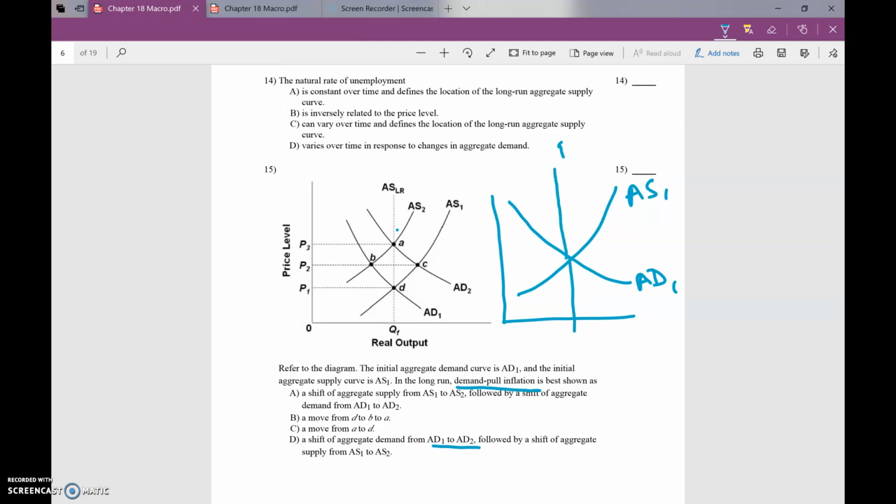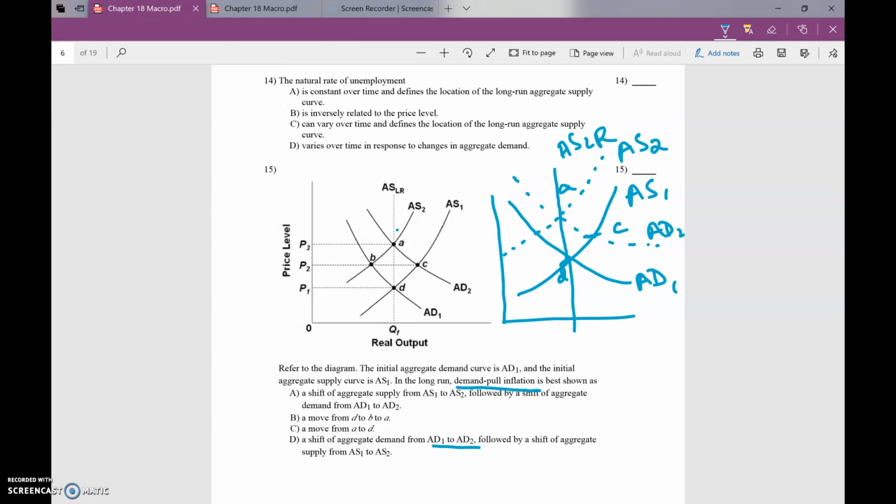This is the long run aggregate supply curve, and the aggregate demand curve shifting to the right here. We move from the full employment equilibrium point D to point C here. But this point C is a short run equilibrium.